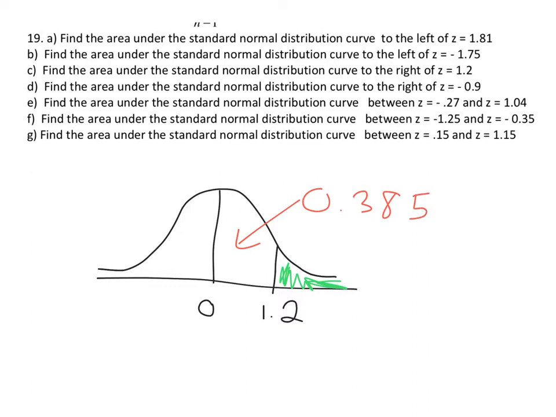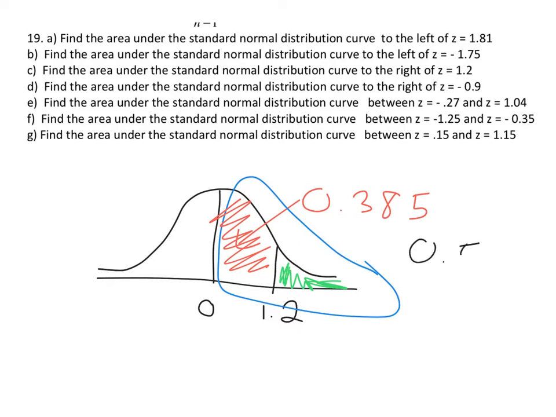Okay, so now looking at our picture, we're going to have to use the fact that this half is 0.5. Do I want to add, do I want to subtract? How do I figure out? I'm looking for that green shaded area. Well, I know that the red plus the green equals 0.5. So to find green, I want to do 0.5 minus 0.385.